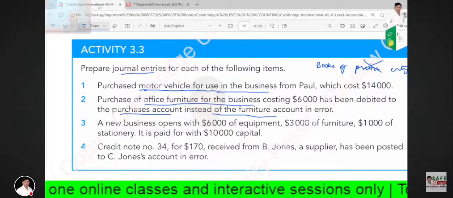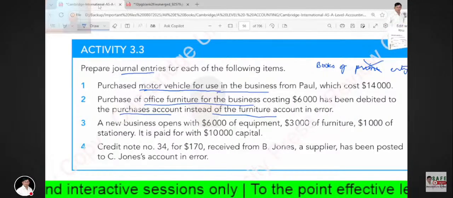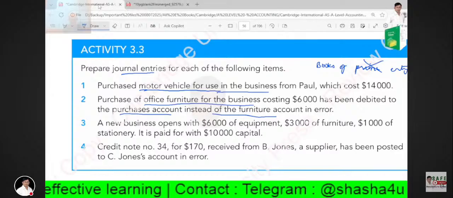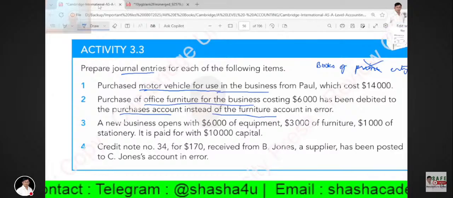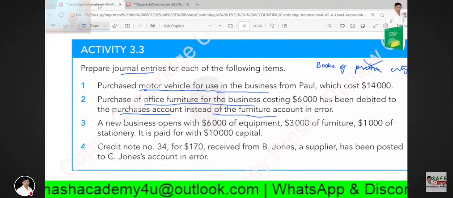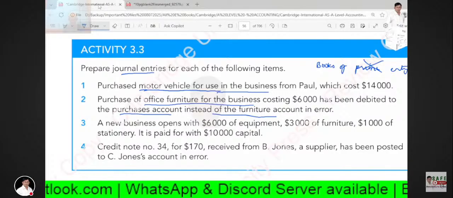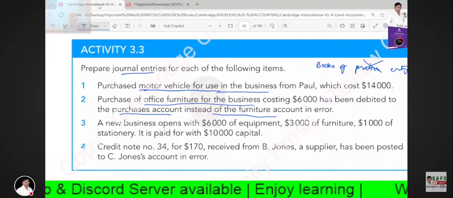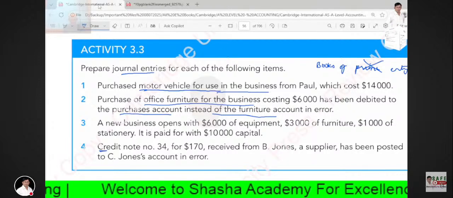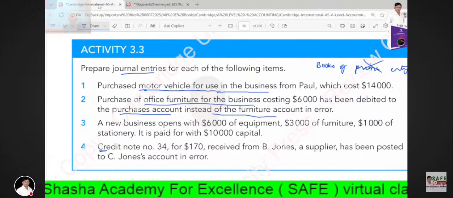Credit note number 34 for 170 received from B. Jones, a supplier, has been posted to C. Jones' account. So what is the right entry? We have received a credit note from B. Jones, so we have to debit B. Jones.